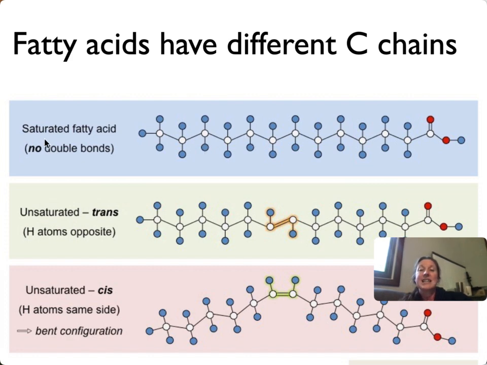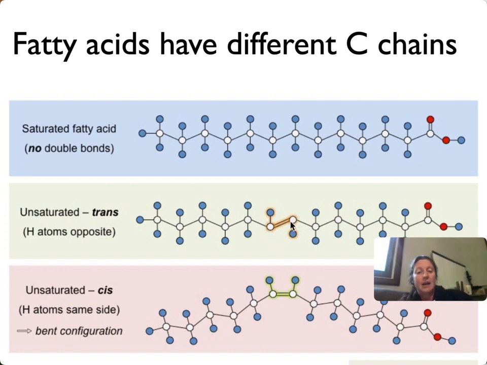We say that this is a saturated fatty acid because every carbon is saturated, or has as much hydrogen as it can hold. Sometimes a carbon will form a double bond with its neighbor, and the hydrogens that would have been part of that bond are gone. So these are considered unsaturated fatty acids.